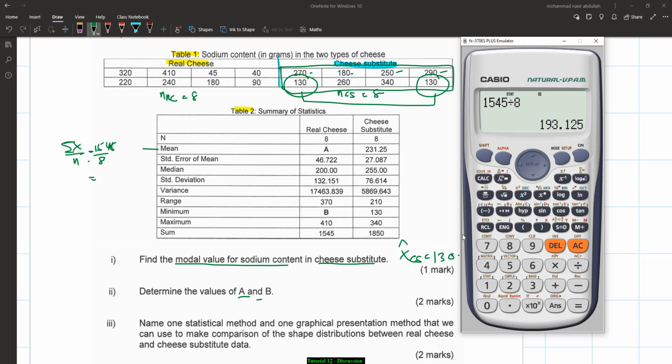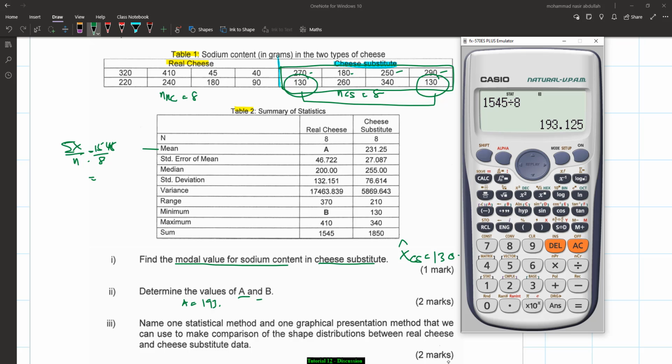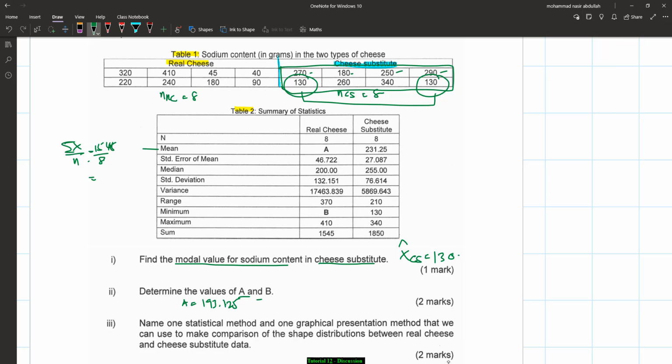So A will be 193.125. And B is the minimum value, right? The minimum value will be 40. Very simple.